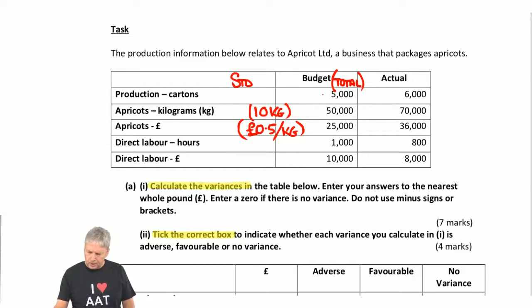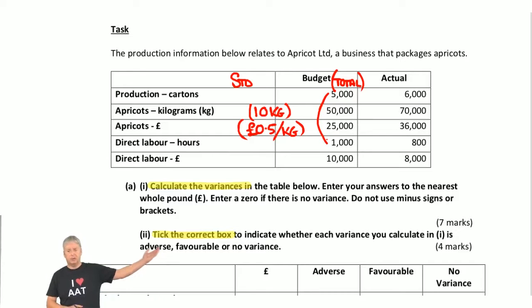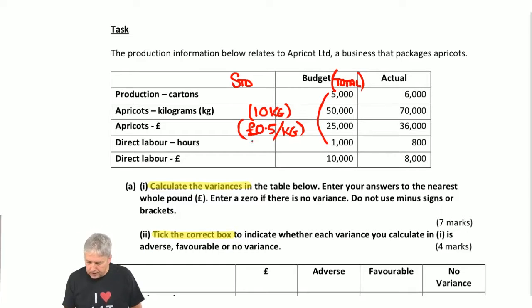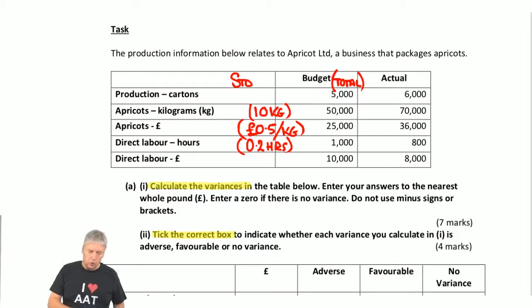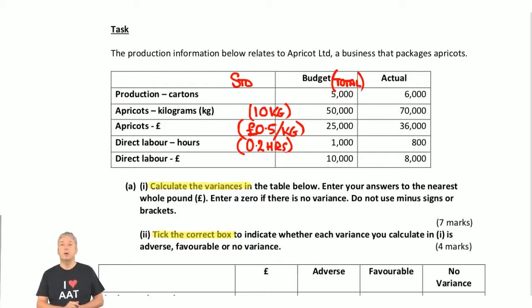Now again, we're going to look at the link between the output, the 5,000 cartons, and the hours. And what we're seeing, 1,000 divided by 5,000, that we need something like 0.2 hours per unit of output, something like that. And then, of course, we have the joy of looking at the rate per hour.